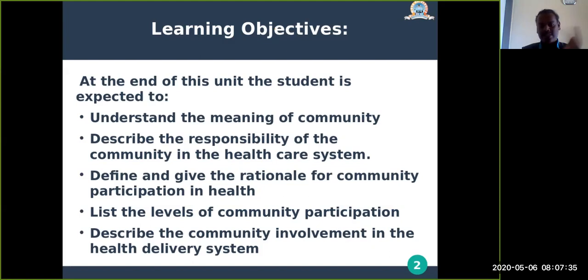So you are going to understand the different levels of community participation after this lesson. Then you should be able to describe community involvement in the health delivery system based on the principles. So these are all the learning objectives set for this lesson.